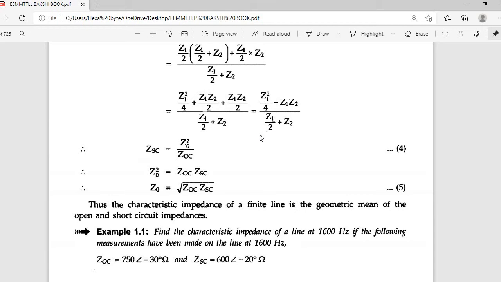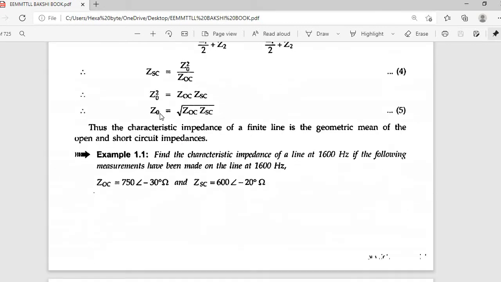So for that, the relation Z0 square is equal to ZOC into ZSC. So finally Z0, the characteristic impedance, is equal to square root of ZOC into ZSC. Thus the characteristic impedance of a finite line is the geometric mean of the open and short circuit impedances.